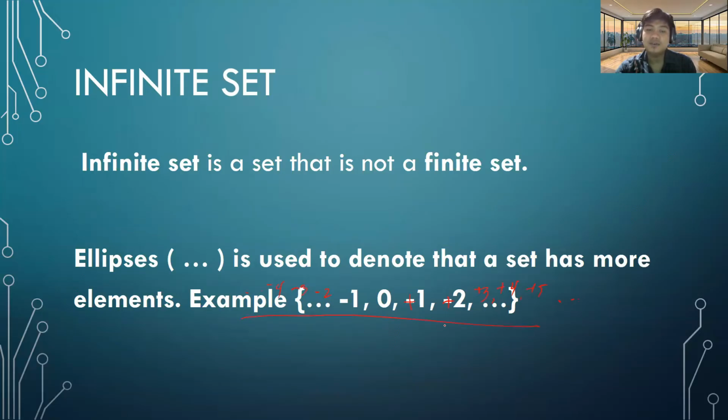So this set is an infinite set. If you are going to describe this particular set, this is a set of integers, from negative to positive, and we have 0.